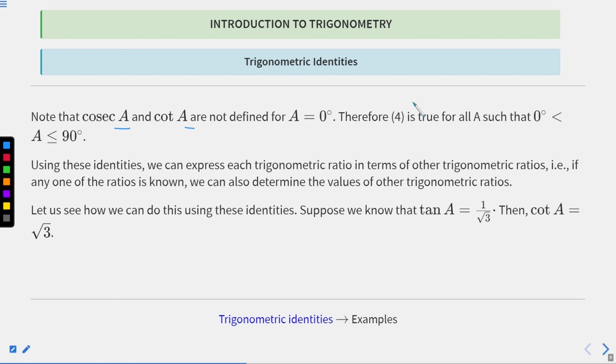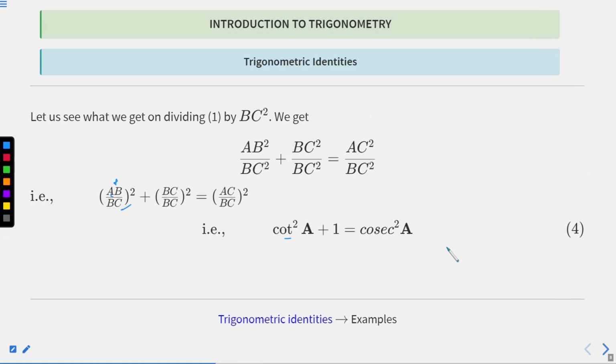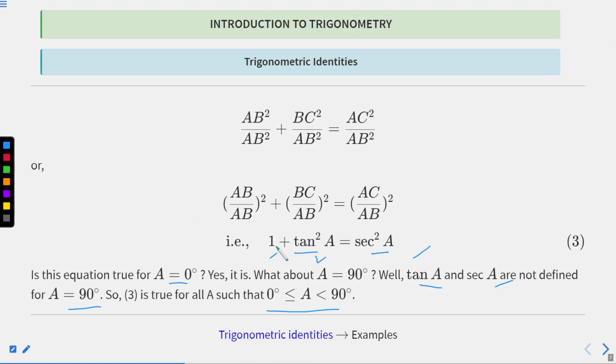Therefore equation 4 is true for all A such that 0 degree is strictly less than A, less than or equal to 90 degree. And the identity 1 plus tan square A equal to sec square A is true for all A such that 0 degree is less than or equal to A, strictly less than 90 degree.